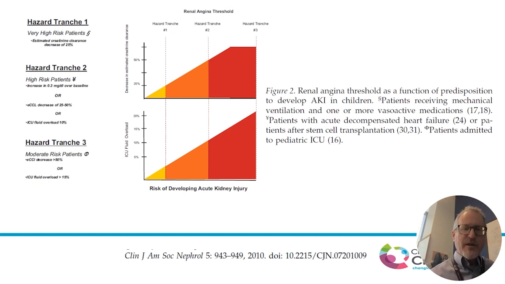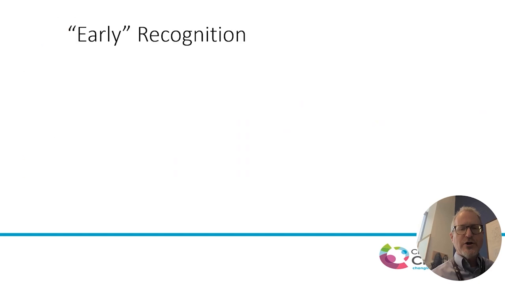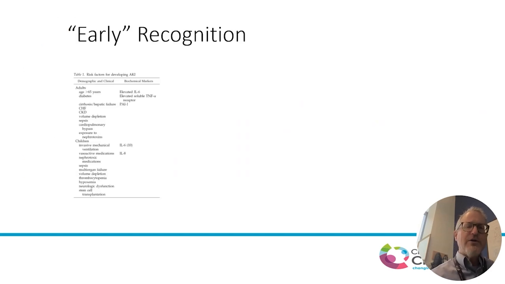And then we combine that with clinical signs or symptoms, either changes in creatinine or volume accumulation. Patients who have very high risk need a smaller change in creatinine from baseline or smaller degree of fluid accumulation to rule in, whereas those who are just in the ICU need a greater change in creatinine or greater fluid accumulation. So now we have early recognition, patients who are at risk.